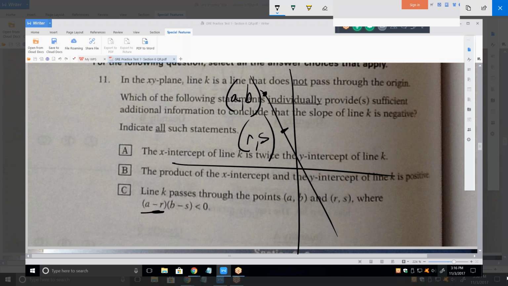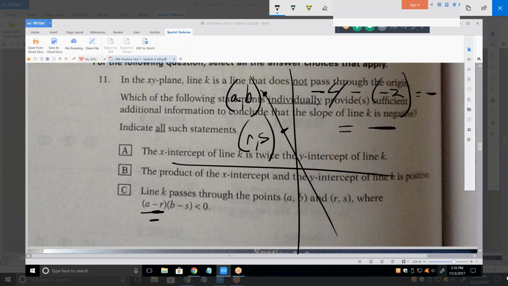The way you've drawn it, it would be positive. Well, let's see. No, because they're both on the negative side. So A minus R is negative in this drawing that I drew.